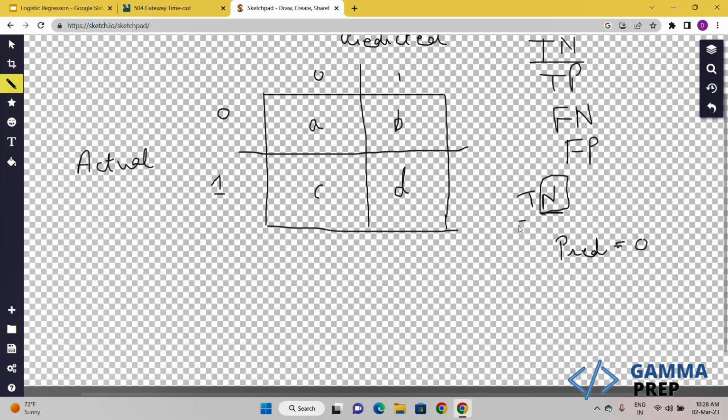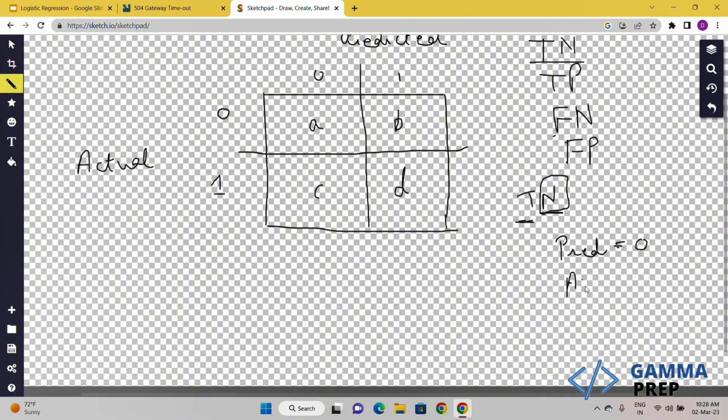And the first term will tell us whether our prediction is true or false. If we have a true here, then the actual value is also the same. So basically, true tells us whatever the prediction is, your actual value is also the same thing. Whereas false will tell us whatever your prediction is, your actual value is going to be the opposite of it.